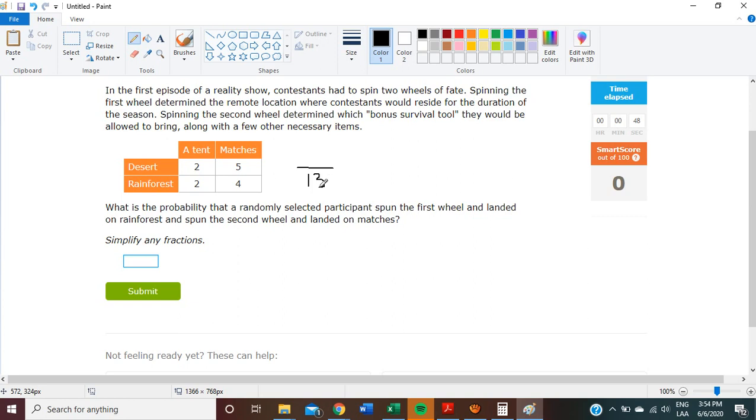Okay, and pay attention to the question that is right here. Okay, because here are some keywords. What is the probability that randomly, this word randomly, it's always going to be here. It means that let's suppose that we assign a number for each contestant, and then you pick that number randomly.